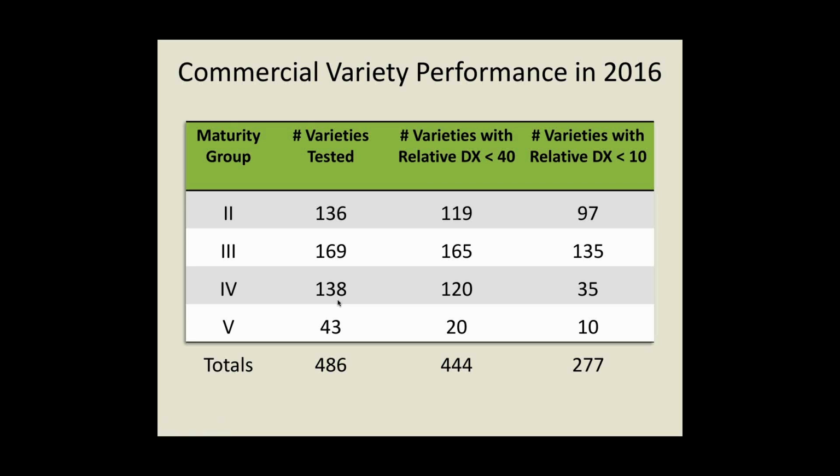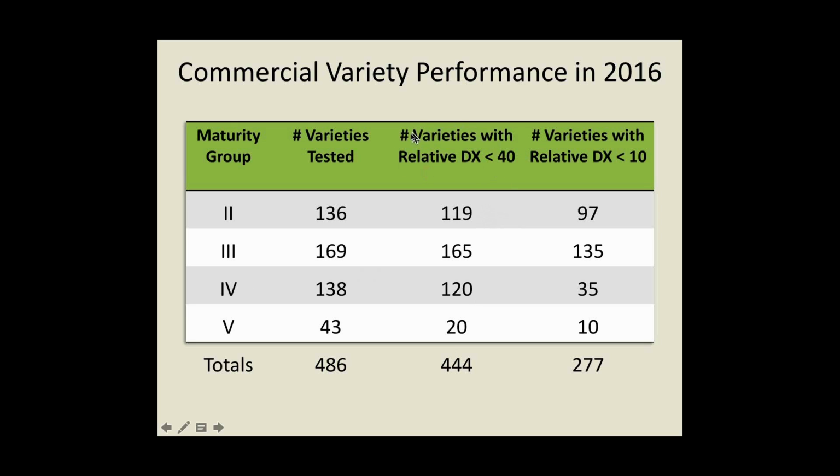So this may not be completely indicative of you just going out and randomly grabbing 480 varieties and planting them in your field. The people that sent these in, in some cases, are looking for how good their varieties are. In some cases, they send them in because they know they're good and they want to see them score well in that test. But in any event, it does give us an indication of some of the resistance that's out in the marketplace.